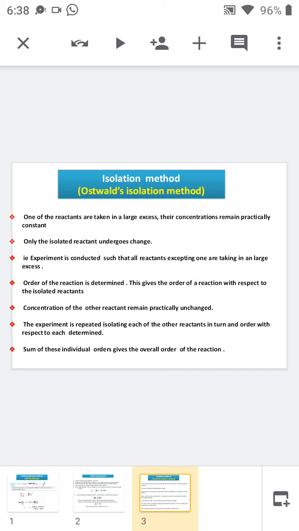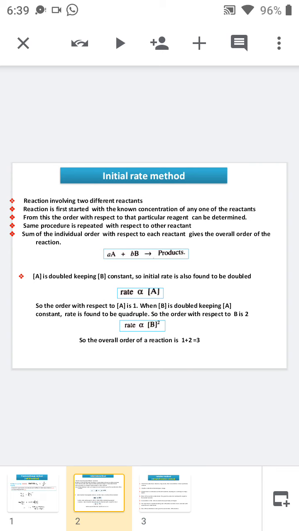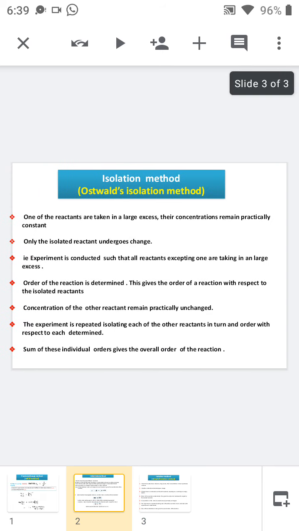First one is the integrated rate method or trial and error method. The second one is the graphical method, the third one is the Van't Hoff method or differential method, the fourth one is the half-life method, the fifth one is the isolation method, and the last one is the initial rate method. I hope that you understood the concept.